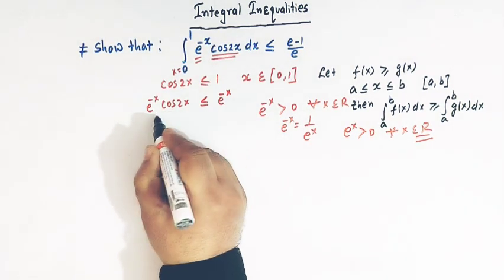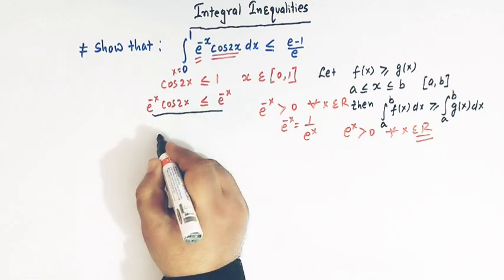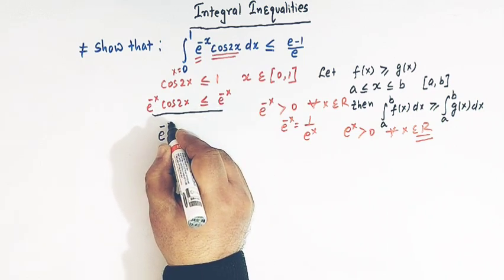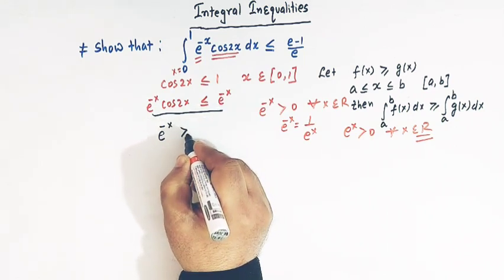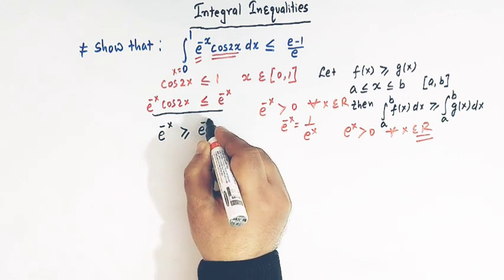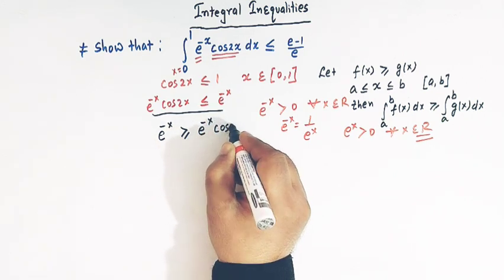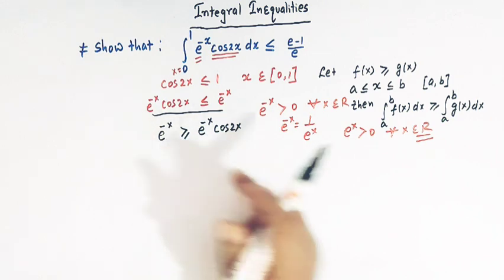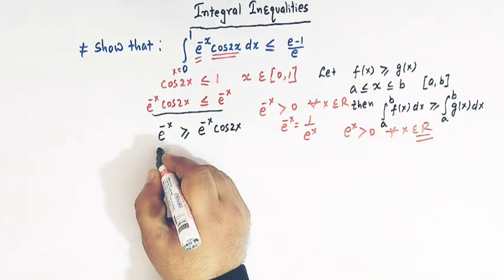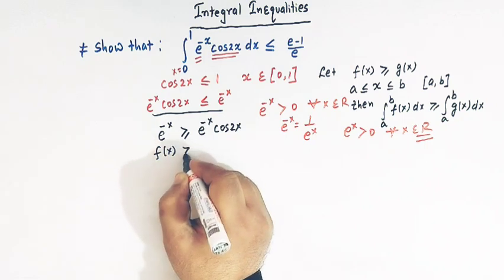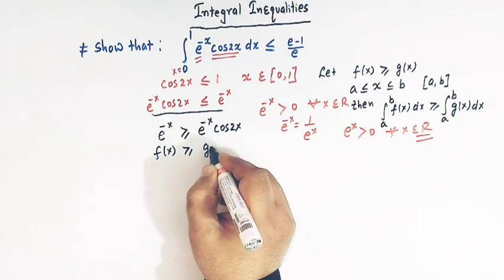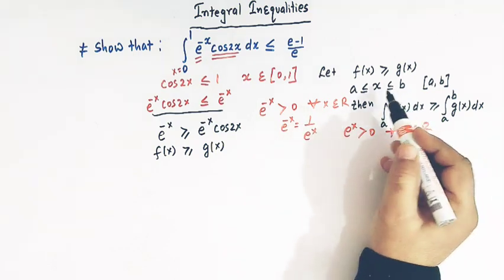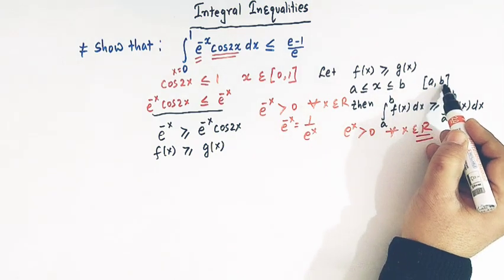So now we can rewrite this inequality as e raised to minus x is greater than or equal to e raised to minus x cos 2x. Now we can compare this inequality with f of x is greater than or equal to g of x, where we have the interval a comma b.